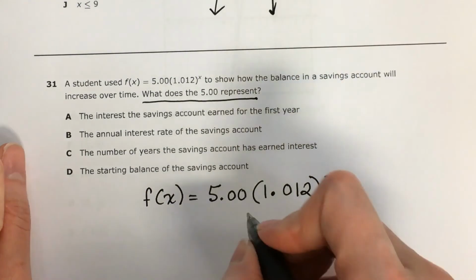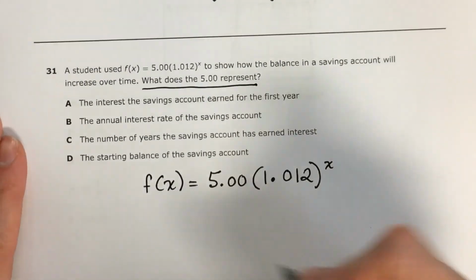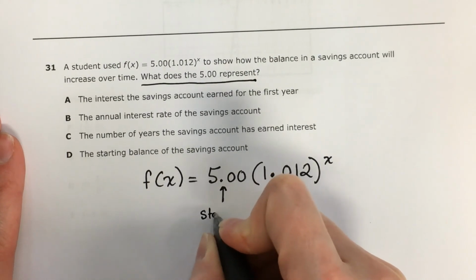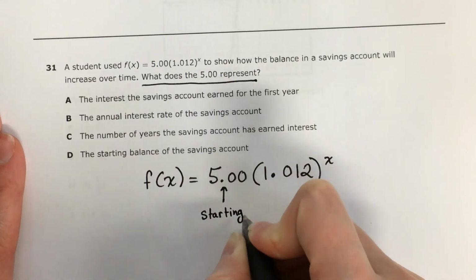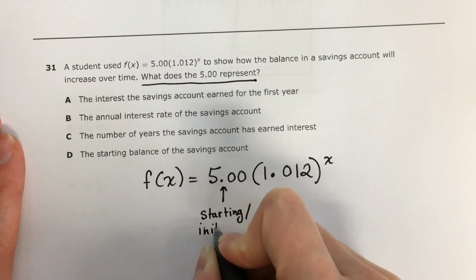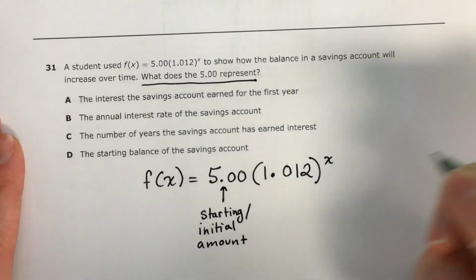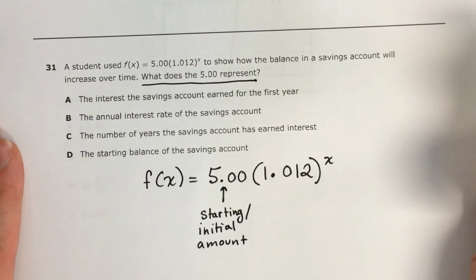You're going to have three parts. This part right here is the starting or initial amount or number, the starting initial number.